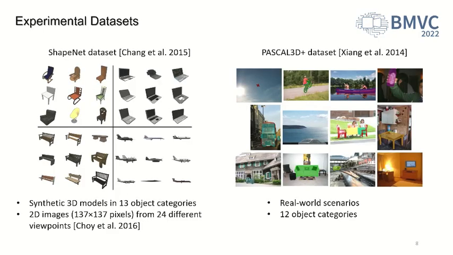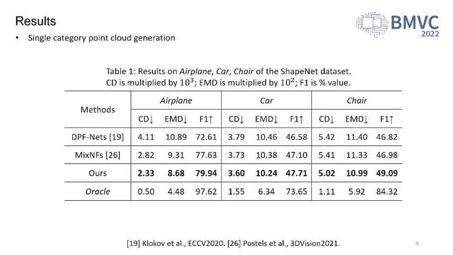The experiments are mainly conducted on the large-scale synthetic dataset ShapeNet. Also, we evaluate our method on the real images from the Pascal 3D Plus dataset. First, we compare our method with recent flow-based methods on 3 major categories of ShapeNet, including airplane, car, and chair.